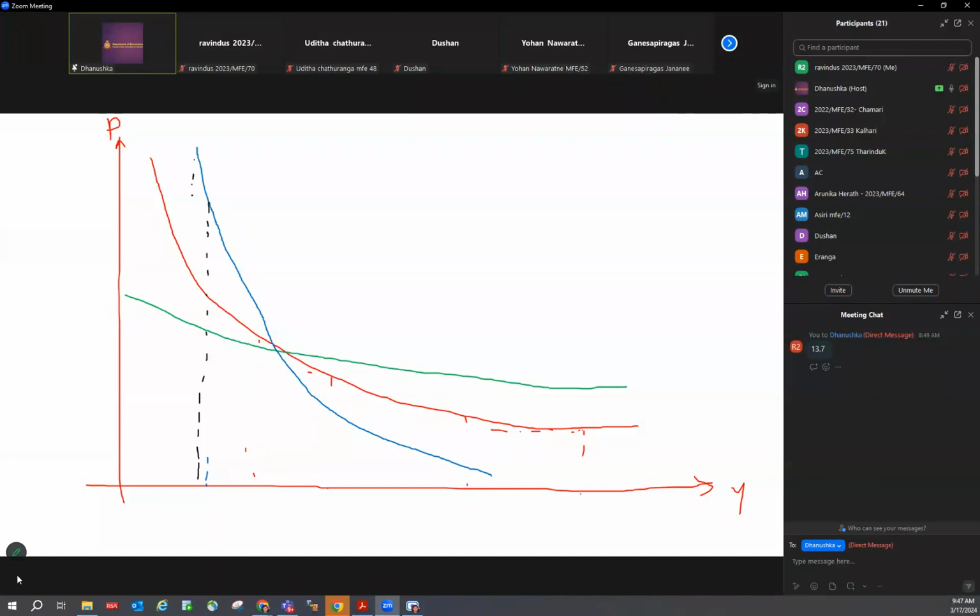Let's assume interest rates go down by 1%, right? When interest rates go down by 1%, the short-term bond price goes up. The medium-term bond price goes up. The long-term bond price goes up.